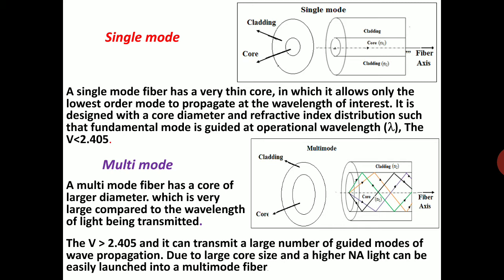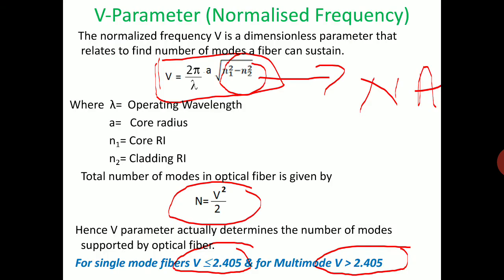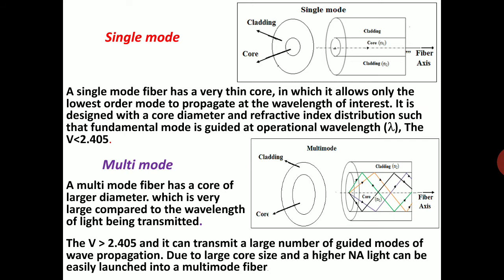As we have discussed, based on the mode concept, there are two types. One is the single mode and the multimode. First we will try to understand what exactly the single mode is.